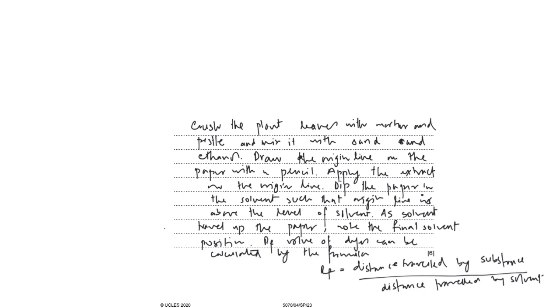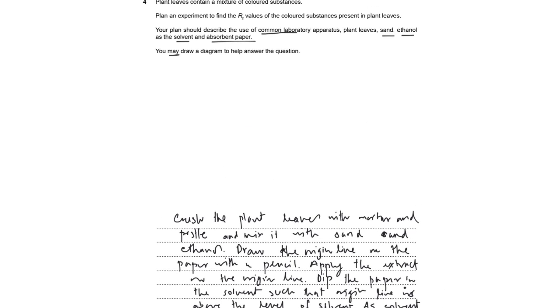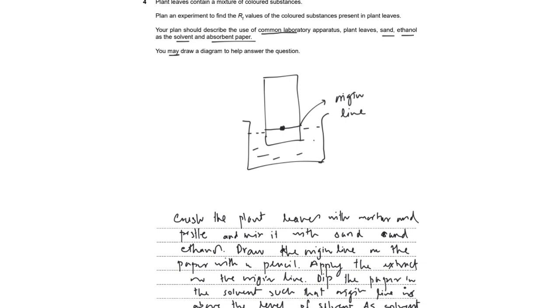So what exactly did I do? If I have to draw a diagram for it now, I took a chromatography paper, drew the origin line with the pencil, and then I put the extract on the origin line. Then I dip this paper in the beaker, in the solvent, such that this origin line, or baseline, is above the level of solvent.